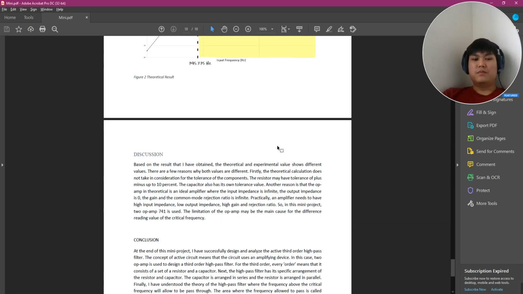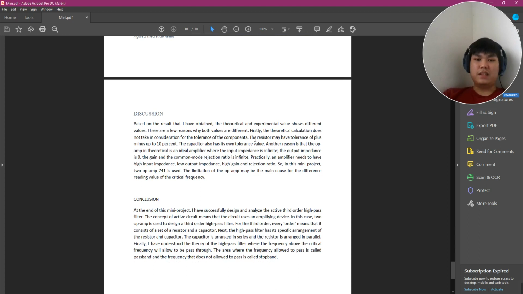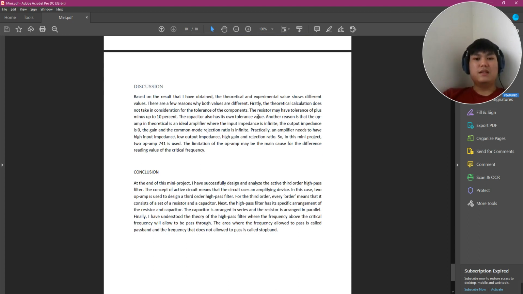Based on the result I've obtained, the theoretical and experimental values are different. There are several reasons why. Firstly, the theoretical calculation doesn't take into consideration the tolerance of the capacitor component. Resistors and capacitors have tolerance values, which might affect the reading a little bit.